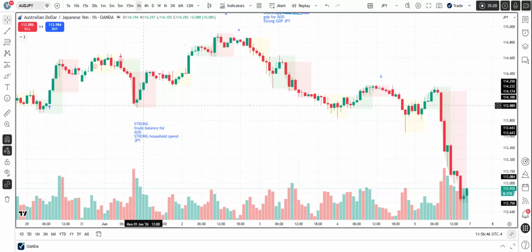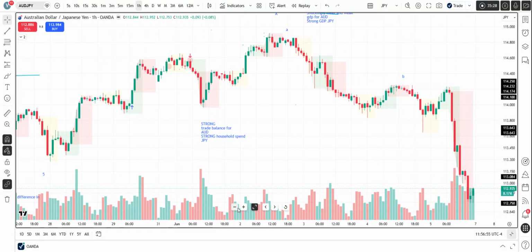So that's because the higher time frame is saying go up. Just imagine, the 4 hours, it's not supposed to go past this candle.